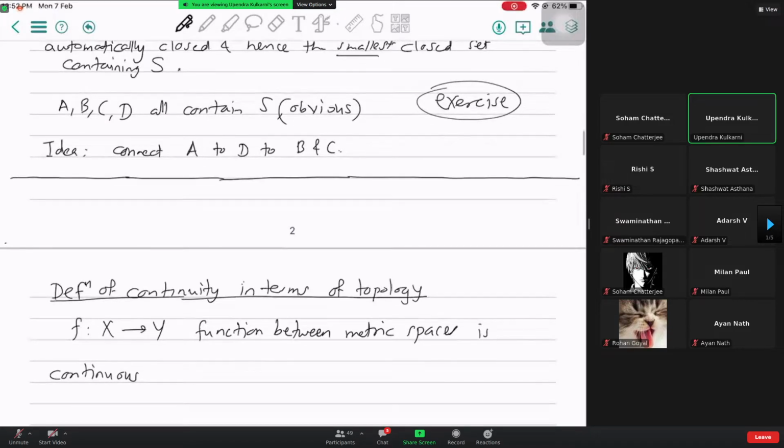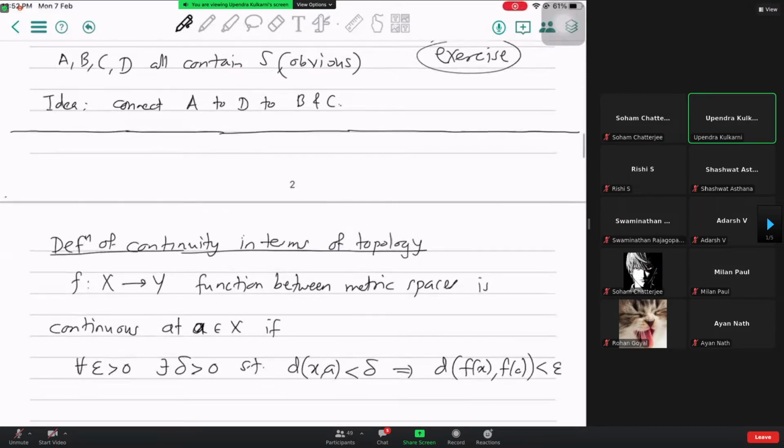Let us say continuous at a point in X if, let's trot out our familiar thing, for all epsilon greater than 0, there exists delta greater than 0 such that, let's call this point A for fixed point, the distance between x and A less than delta implies the distance between f of x and f of A is less than epsilon.